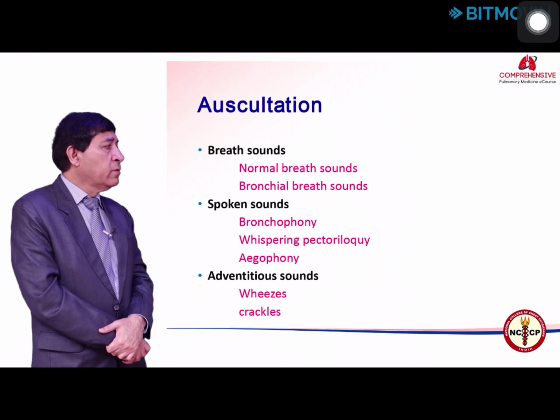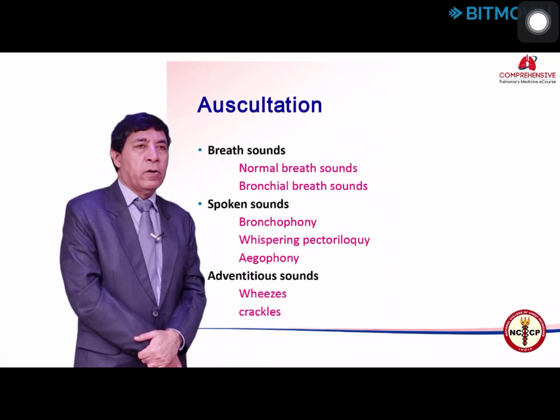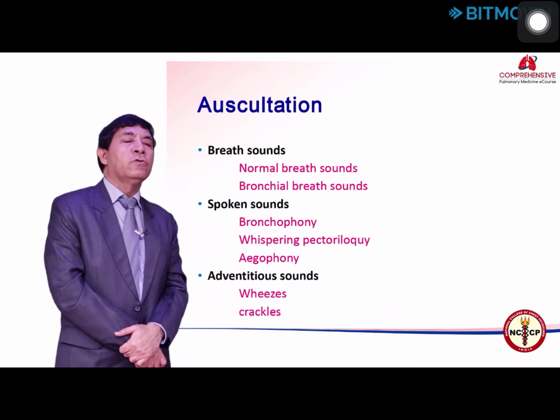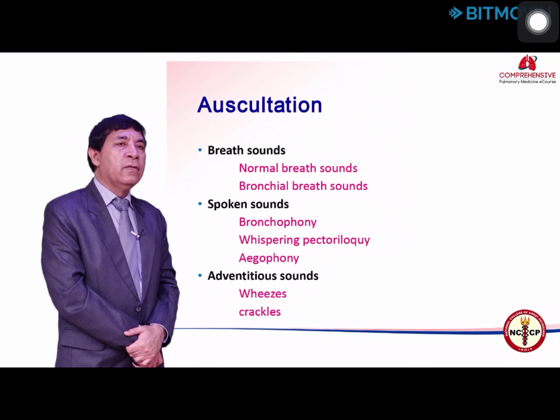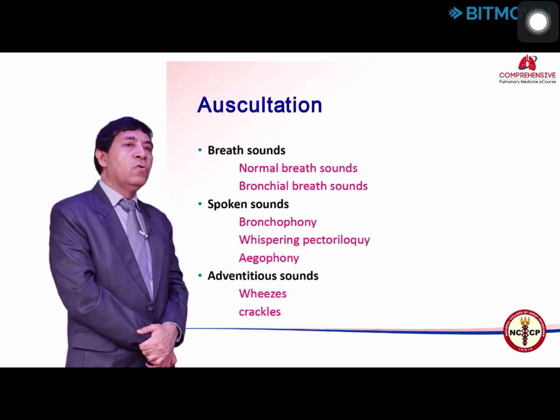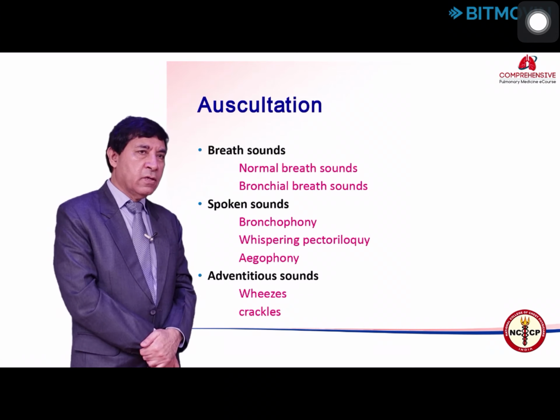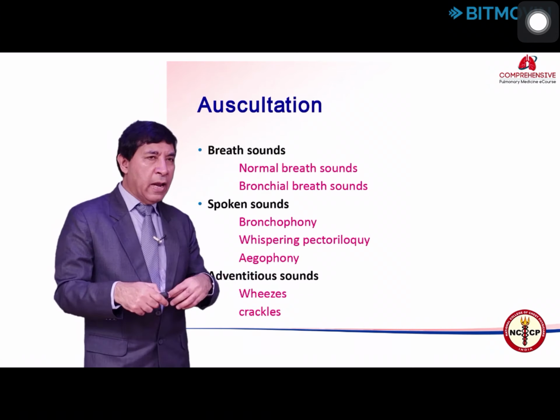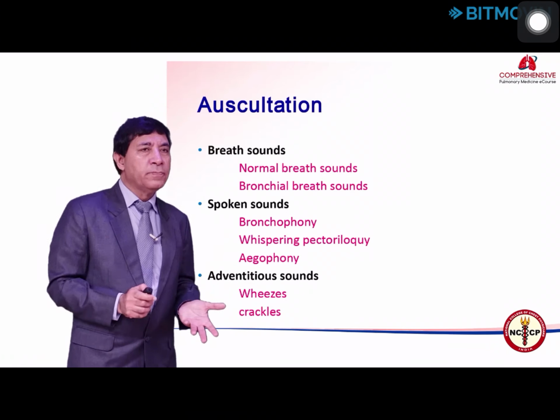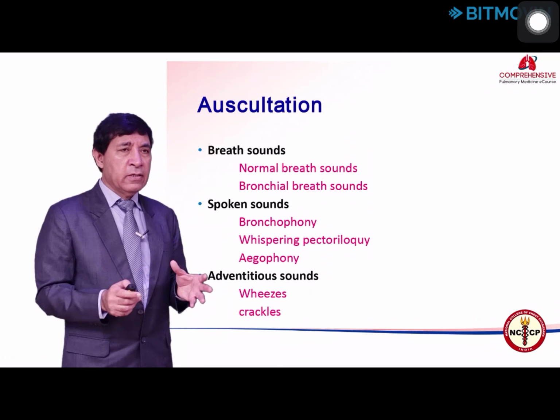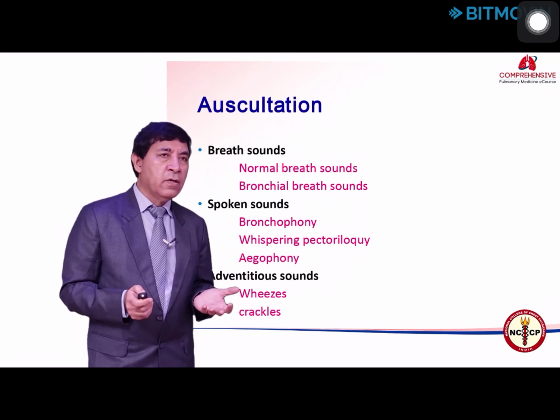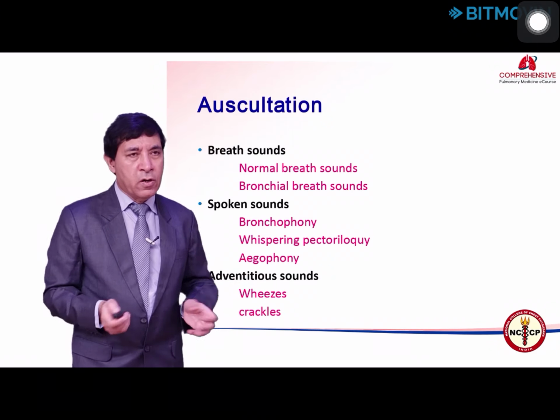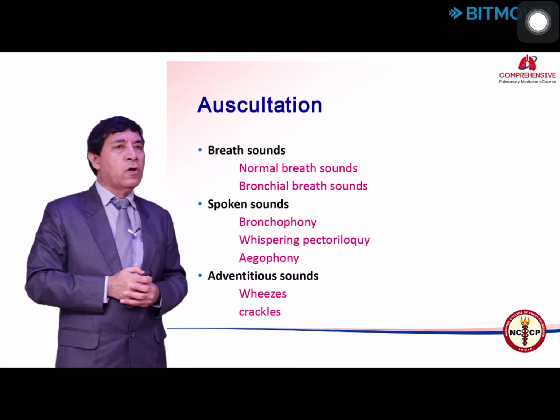The other sign which you hear is whispering pectoriloquy. Now if you look into the acoustic principle of whispering pectoriloquy and you record this sound, it is basically a sound which contains only high frequencies. So whispering pectoriloquy actually lacks a fundamental note, and it only has something like the second formant. Under normal circumstances, WP should be absent because the higher frequency sounds are not transmitted.